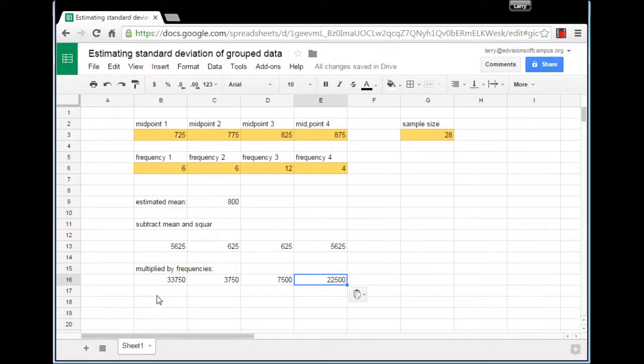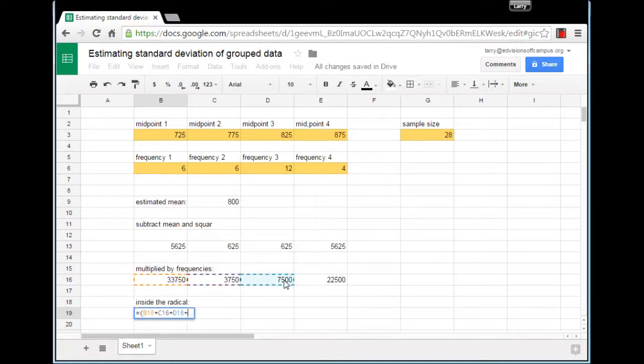We're going to add all those together and divide by the sample size minus 1. So we'll call this inside the radical. So that is all of these added together, so this plus this plus this plus this, and then divided by, and we'll do another set of parentheses here, our sample size minus 1.